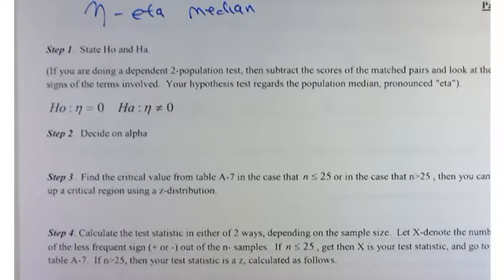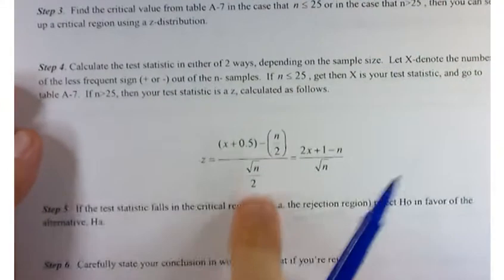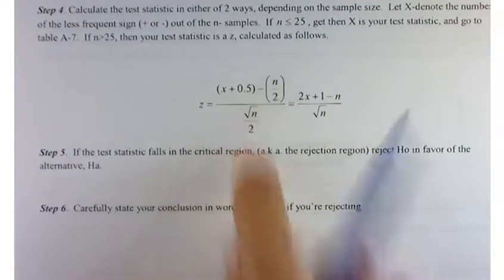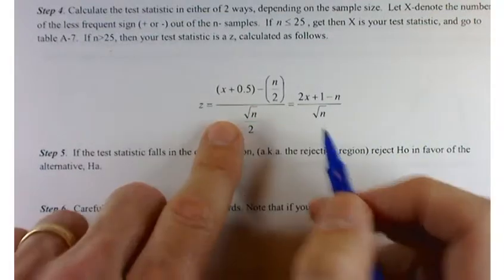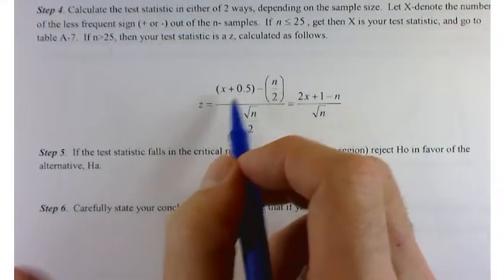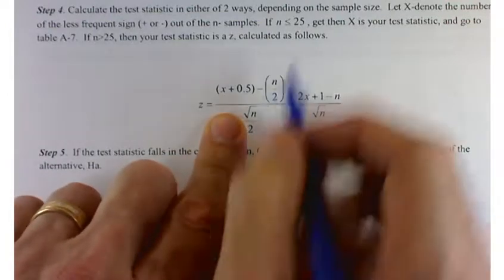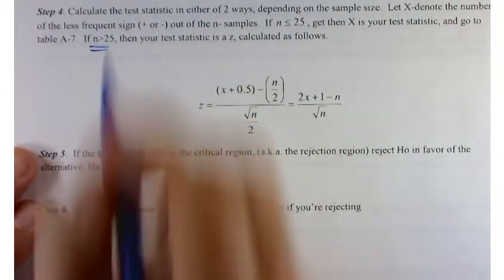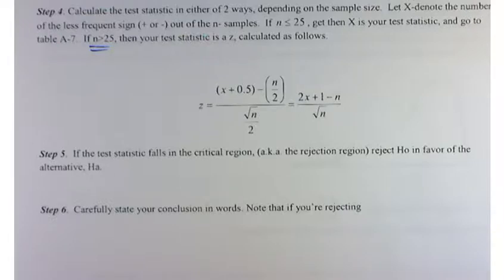Let's start with some data that's in the book, or at least one of the problems there. Now the nice thing about having StatDisk available to us is that we don't have to do this calculation anymore. You can look at this and kind of see that the way it's set up, if you have a large enough sample size, that is n is greater than 25, basically you're doing a z-test.